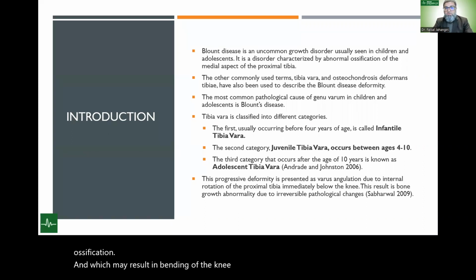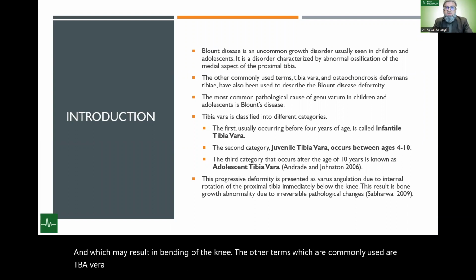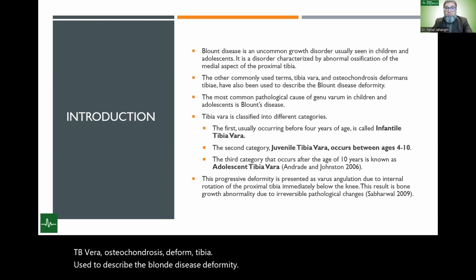The other terms commonly used are tibia vara, osteochondrosis, and deformed tibia, used to describe the Blount disease deformity. So the most common pathological cause of genu varum in children and adolescents is Blount disease.